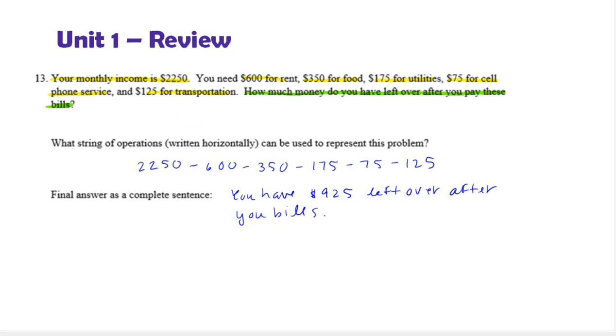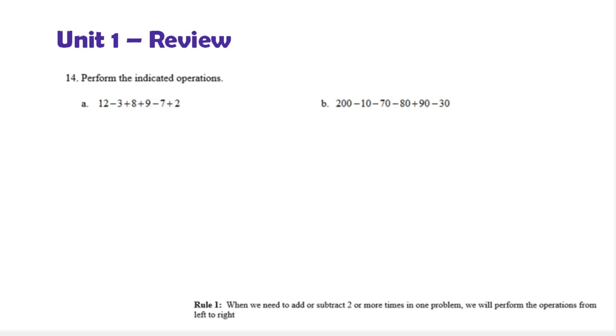Let's look at the next one. So here we have problems that have multiple operations and they are all addition and subtraction like the last one. So we need to use a rule that we learned about before. When you add or subtract 2 or more times in one problem, you will perform the operations from left to right.